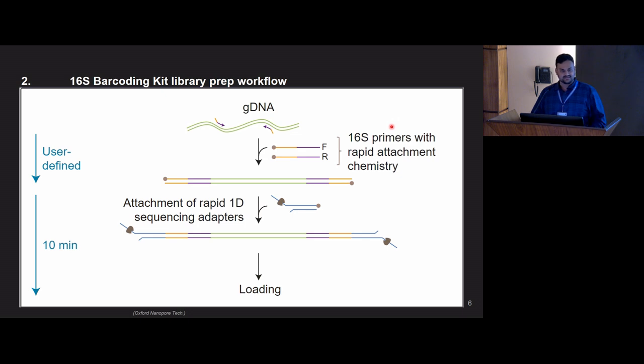It depends on what kit you're using, and Oxford Nanopore has their own 16S barcoding kit. They have been generous enough to give you barcode included primer sets, so you can deal with multiple samples. So the primers get incorporated. They have an adapter region to which the sequencing adapters can then be attached using their rapid chemistry, and then you can proceed to loading.